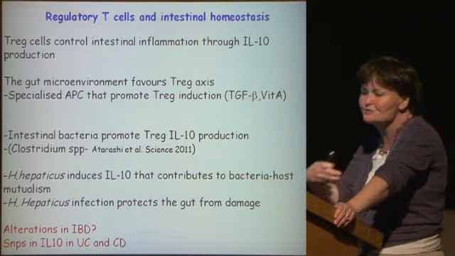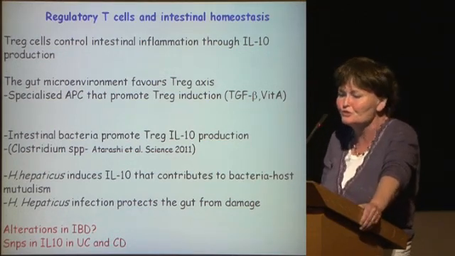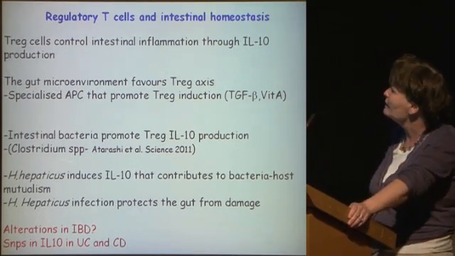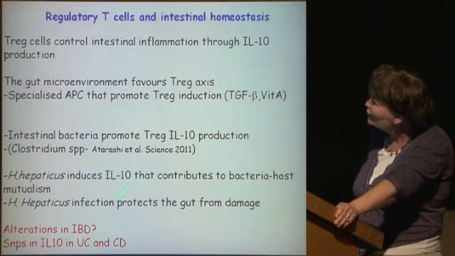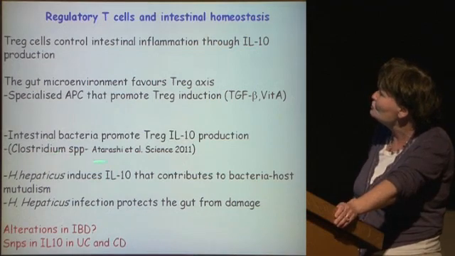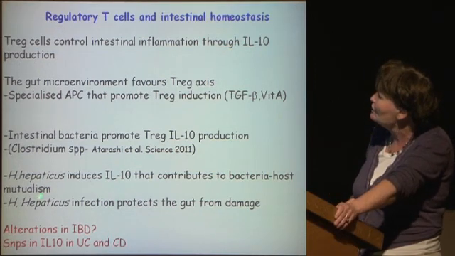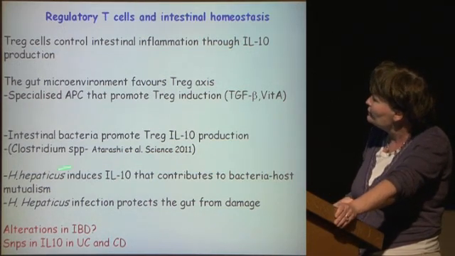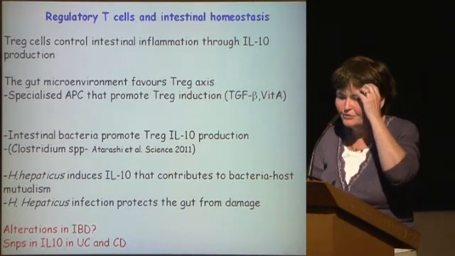Intestinal bacteria themselves seem to promote interleukin-10 production, and there was a recent example of that from the studies of Kenya Honda, but there are others. And Helicobacter hepaticus also induces IL-10, which may be an important way in which a form of bacteria-host mutualism is important in the relationship between the host and intestinal bacteria.